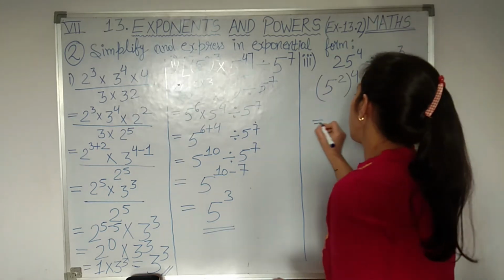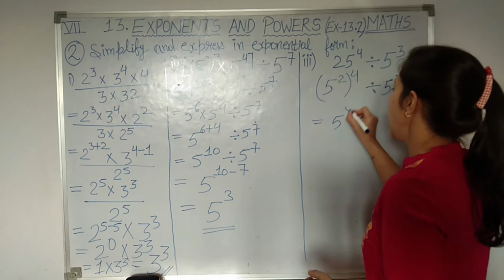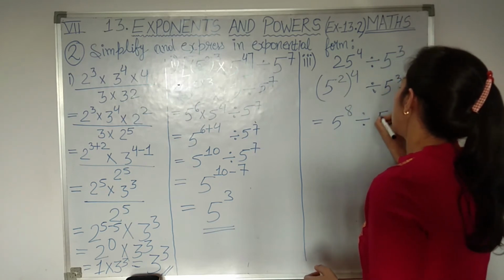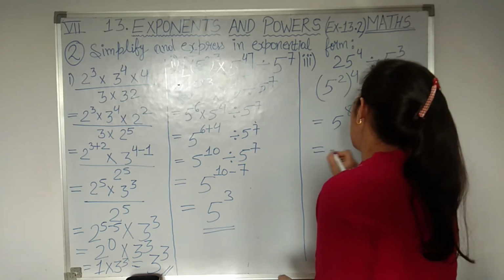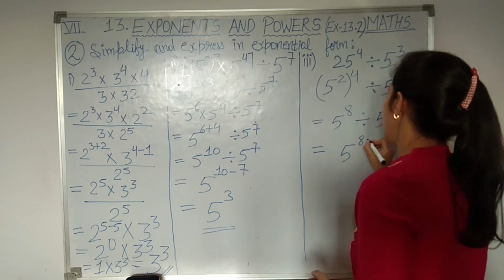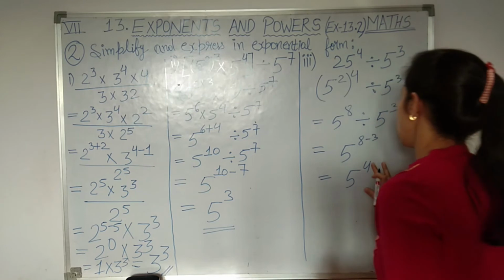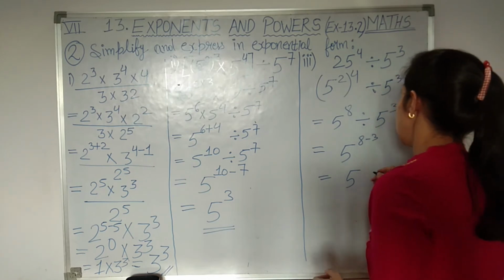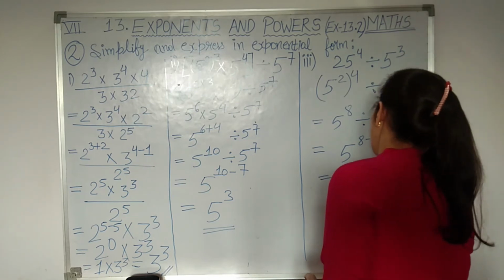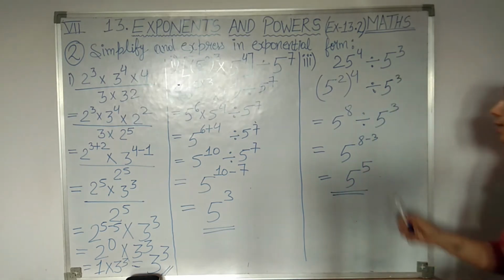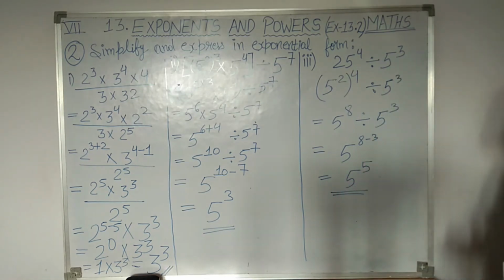Then 2 4s are 8 divided by 5 raised to the power 3. Then again 5 raised to 8 minus 3. Then 5 raised to the power 5 will be your answer. Note it down, students. Then we'll see the next question.